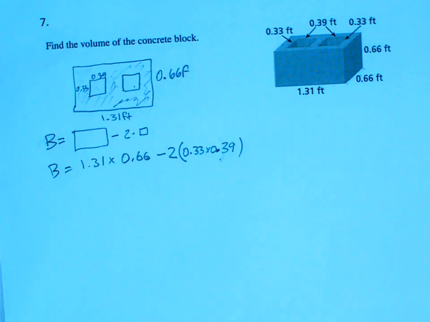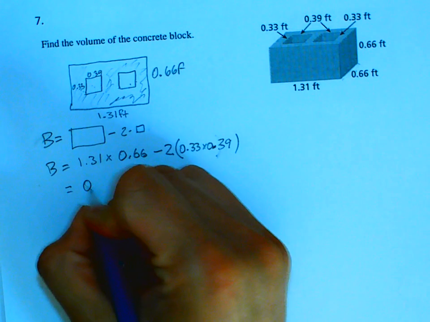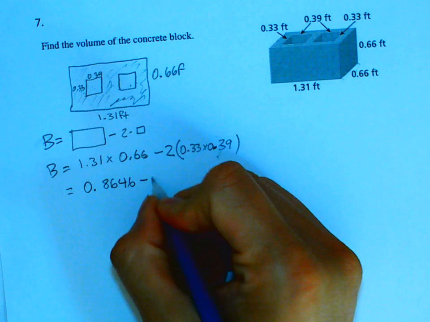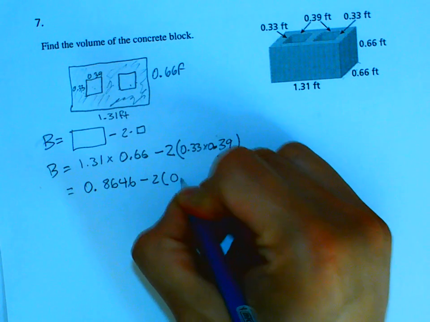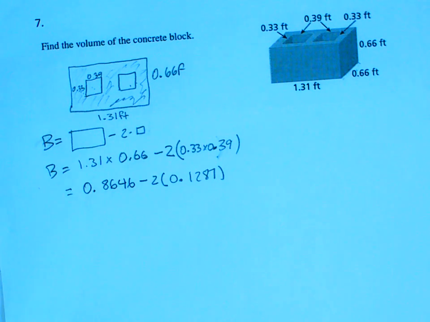So it's all in the calculator. So 1.31 times 0.66. Then 0.33 times 0.39. Now, when I multiply that by 2, I get the following.